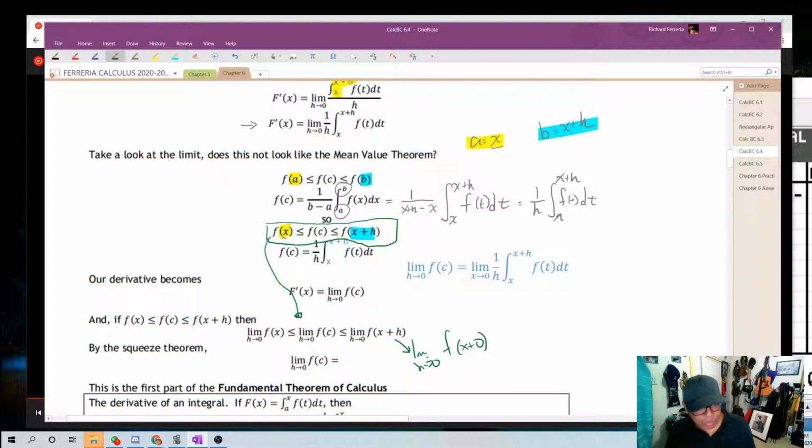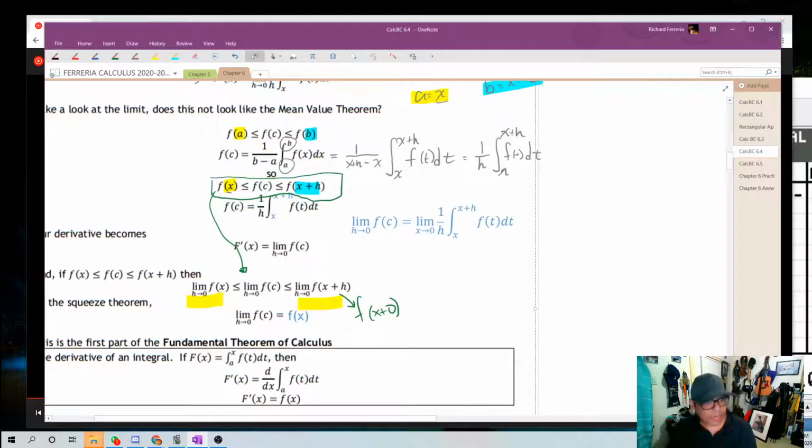So the left side here is f of x. The right side is f of x. So the middle, by the squeeze theorem, has to be f of x also. And so when you put that all together, that means that capital F prime of x is equal to little f of x.